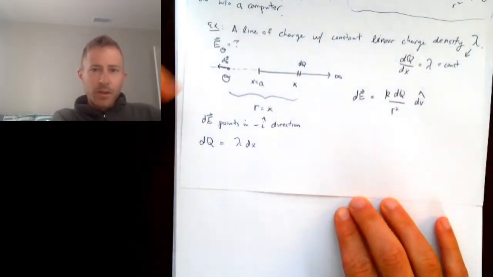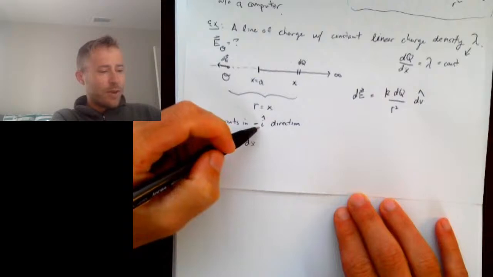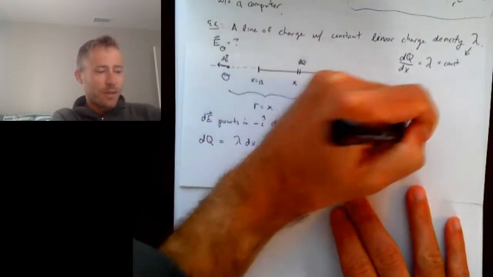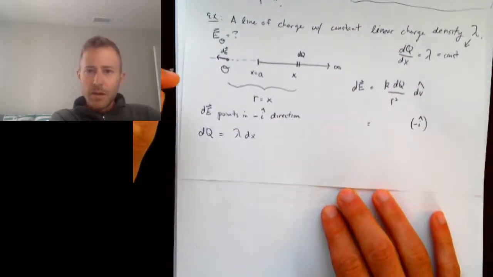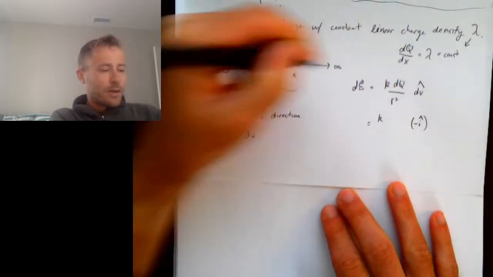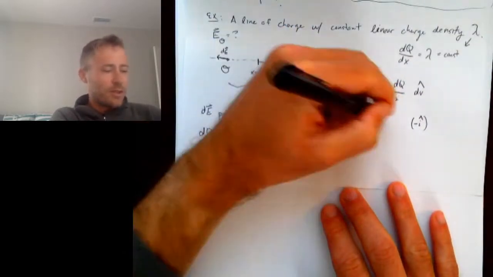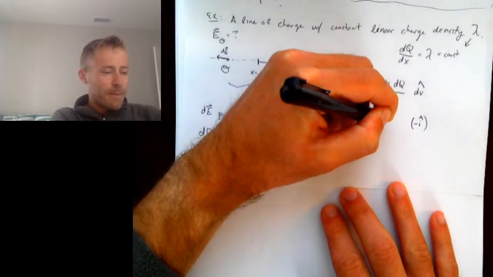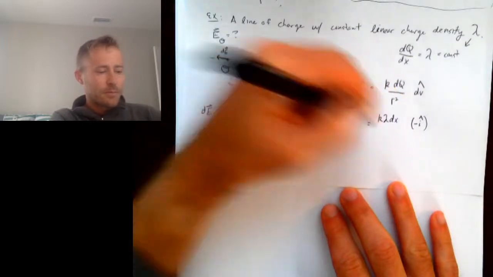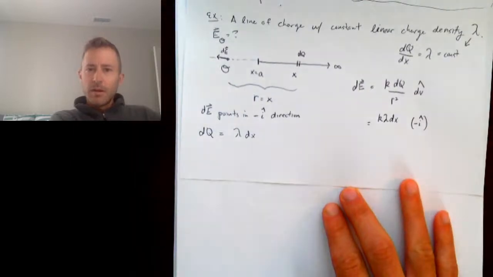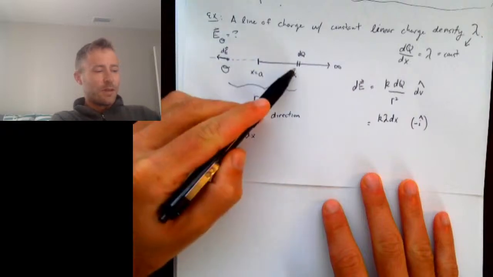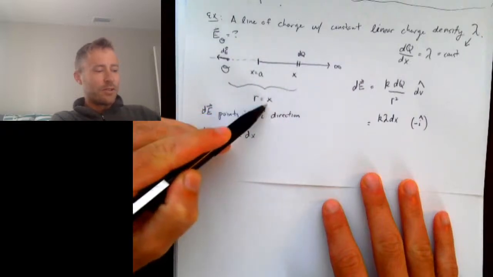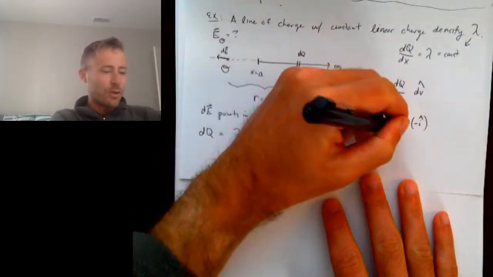I know that dE points in the negative i direction, so my direction vector is negative i. I know that dq is lambda dx. And I know that the distance of this little piece dq from the origin is x, so r squared is actually x squared.